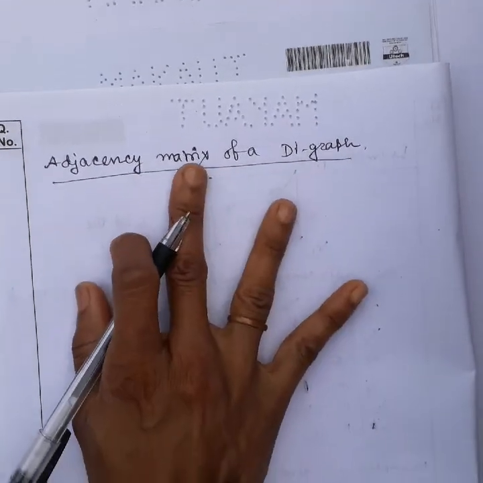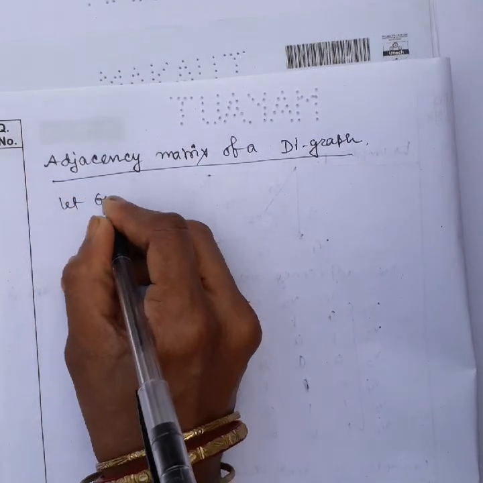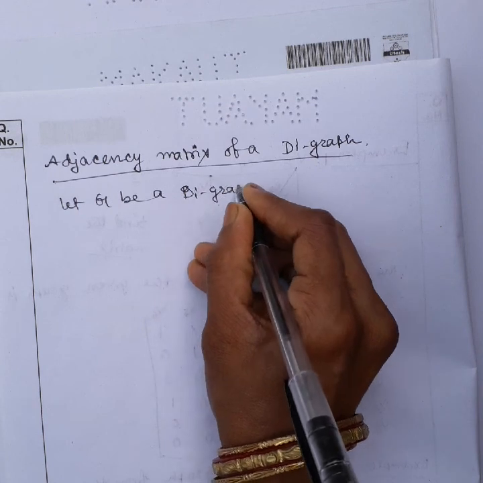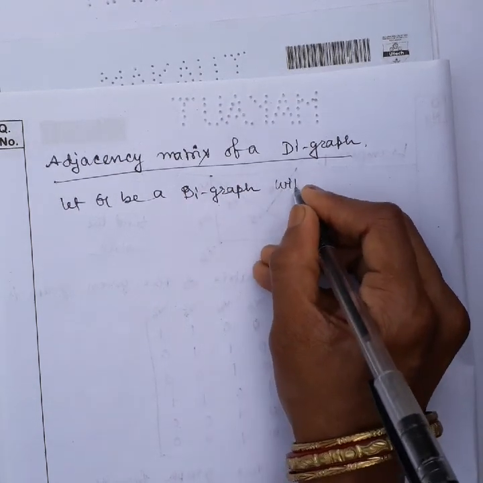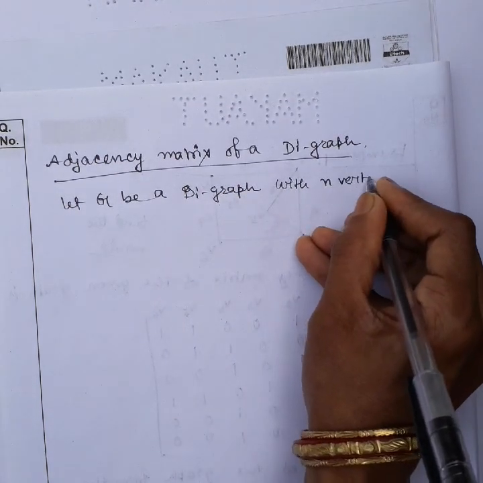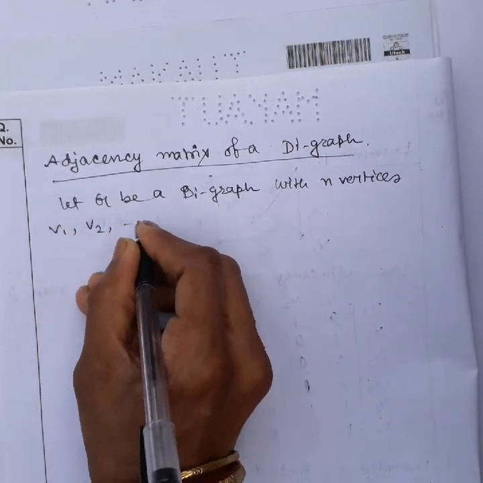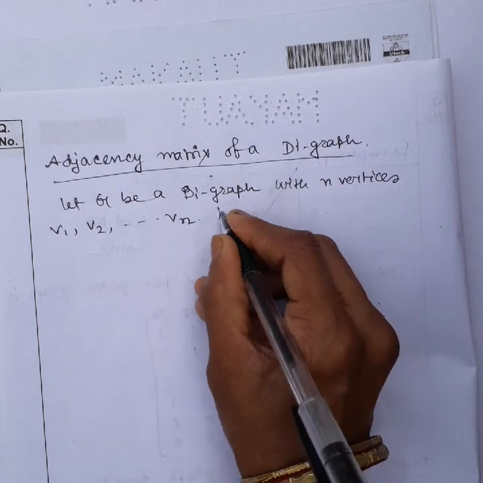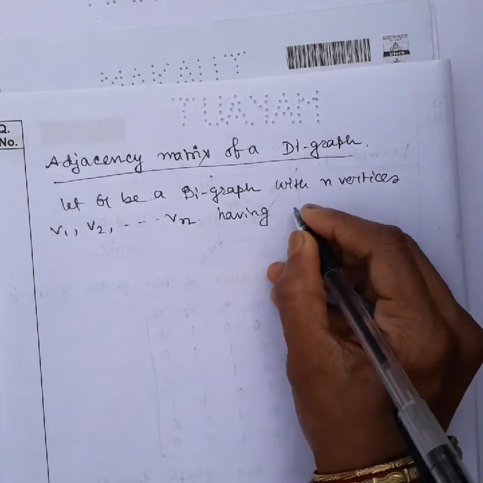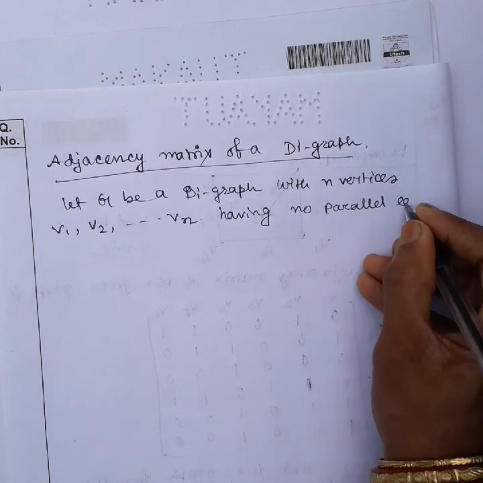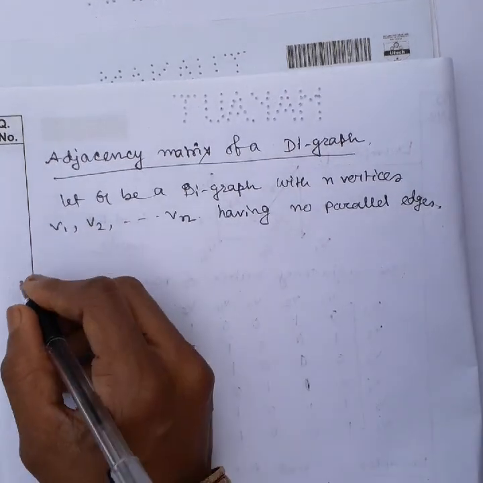Now let G be a digraph with n vertices V1, V2 up to Vn, having no parallel edges.